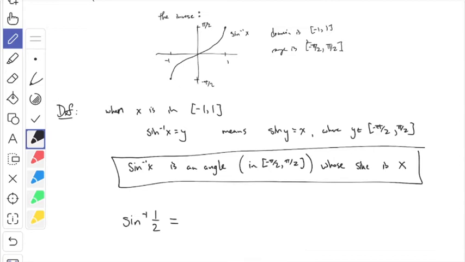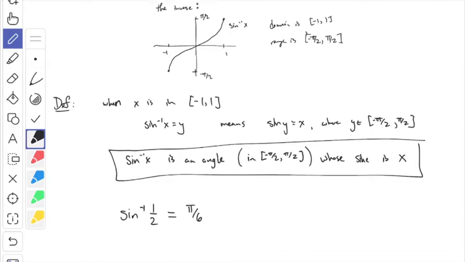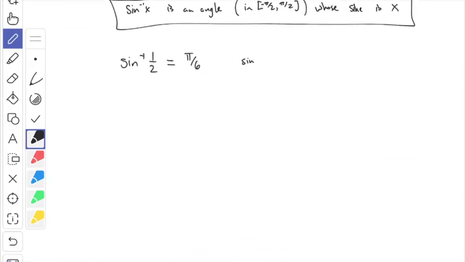Pi over 6, yeah. So this is something that you either just know because you memorized all the values, or you might have to think. I don't have this kind of thing at immediate recall in my mind. If you ask me what's the inverse sine of 1/2, I'll probably have to think for a few seconds, but I hope that you could come up with the answer eventually. So why is this true? This is true because the sine of pi over 6 is 1/2, right? This is the idea.